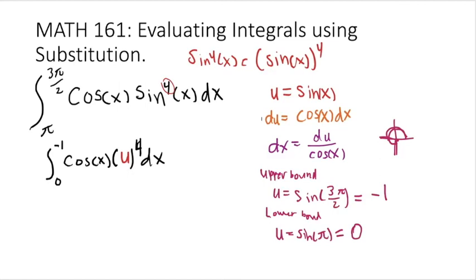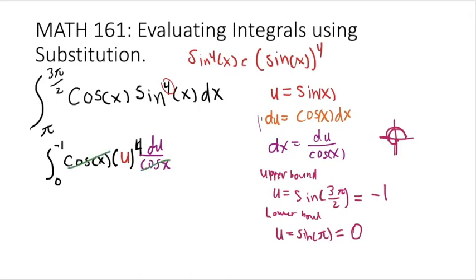Well, our dx became du over cosine x. So from this, we have cosine x divided by cosine x, which cancels.